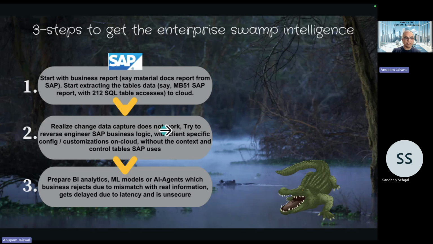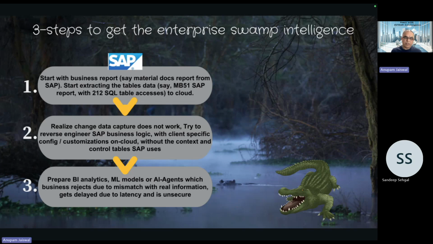First, they start with the SAP report, let's say MB51, which is RM07 docs. And then pretty soon they realize something. SAP is a complicated system, and they would have around 212 different SQL table accesses just for one report. Next step is they realize that change data capture is not straightforward to work on SAP.